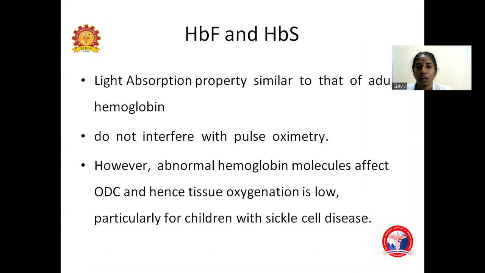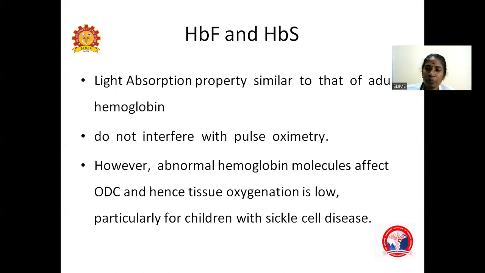This is the graph. And the last is fetal hemoglobin and sickle cell anemia, and how the hemoglobin varies. Usually fetal hemoglobin and sickle cell anemia do not interfere with the pulse oximeter. The main thing is that abnormal hemoglobin will affect the ODC curve alone. Remember only the ODC curve.